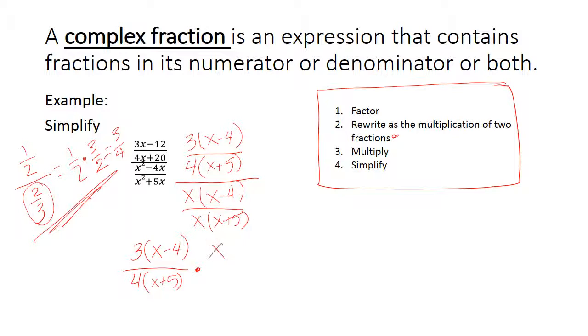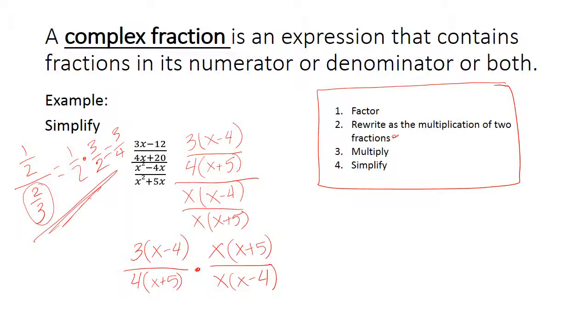So this would be x times x plus 5 over x times x minus 4. Okay, so notice that I changed this complex fraction into the multiplication of 2 fractions. Once you get it to this point, now it's a nice, quick, simple simplifying like we did in the past.